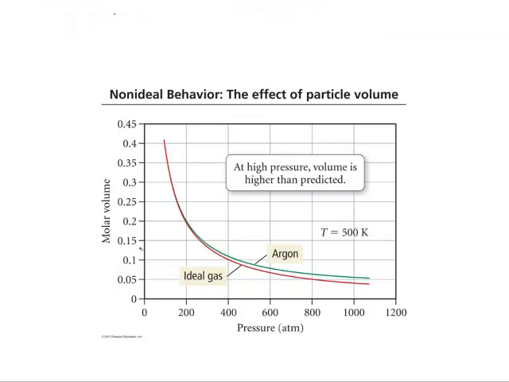At smaller volumes and higher pressures, the size of the individual gas molecule starts to be an appreciable amount relative to the volume of its container. So the size of the molecule will start to impact the pressure that you're measuring.